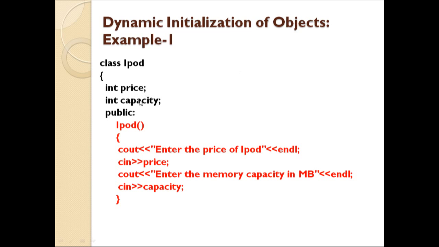One is price, another one is capacity. Both these data members are of integer type, and they are given in the private section of the class. What we want to do is accept the value for price as well as capacity at the execution of the program.